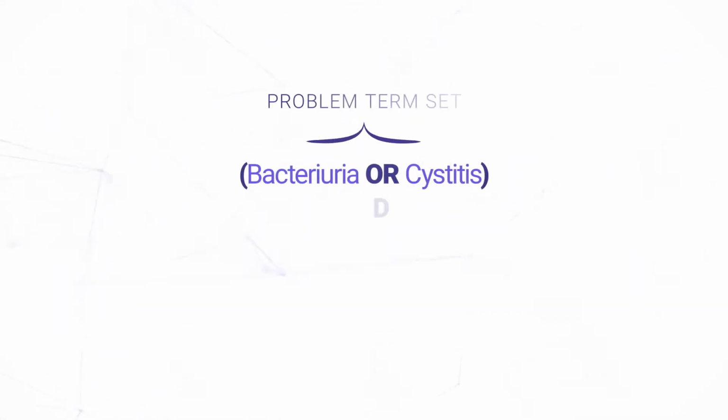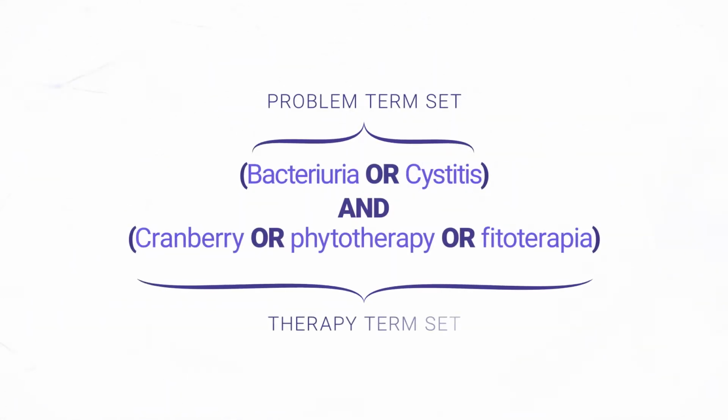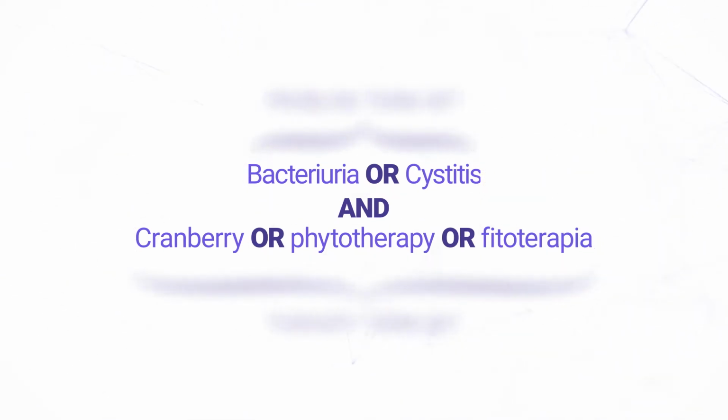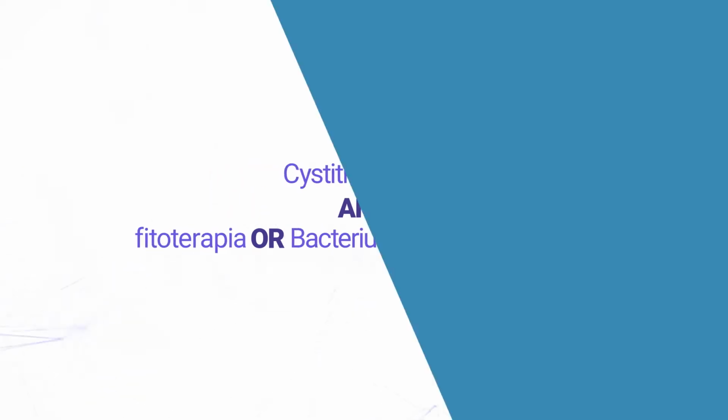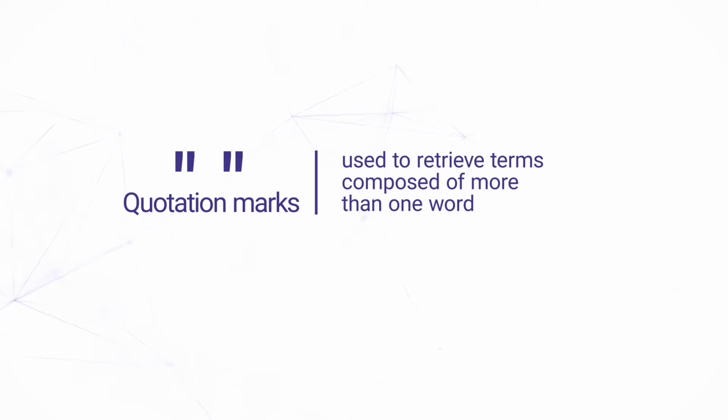Note that we have a problem term set and a therapy term set. If the parentheses are not applied, the system will not understand the order of the sets and the result will be inconsistent.